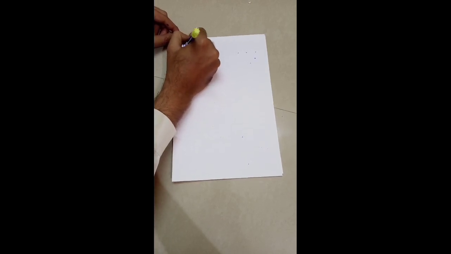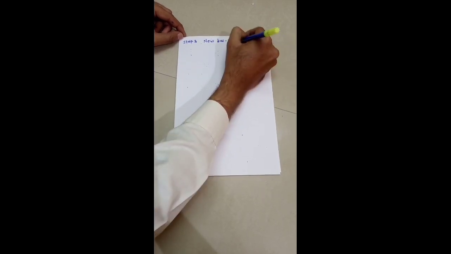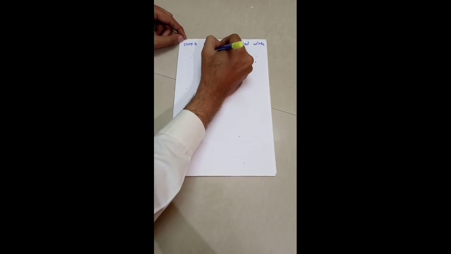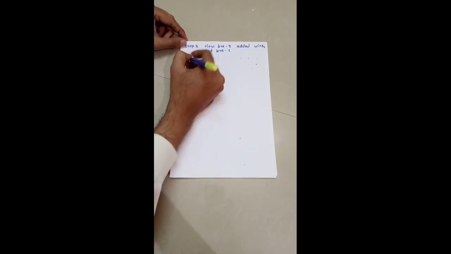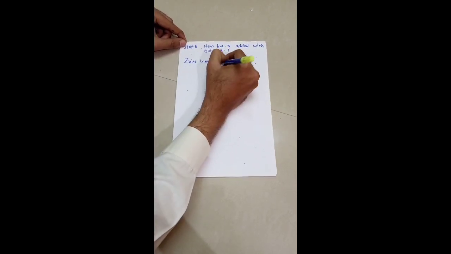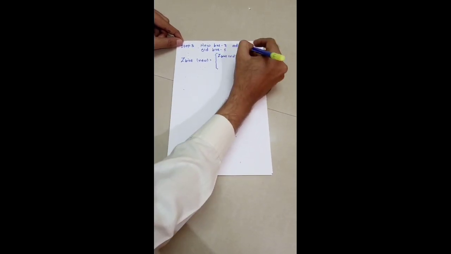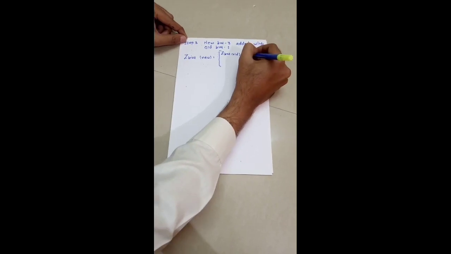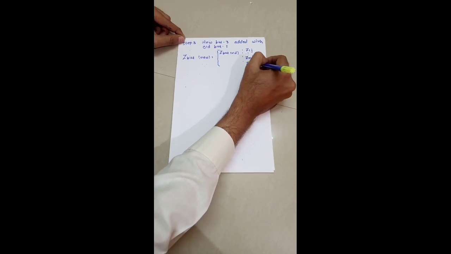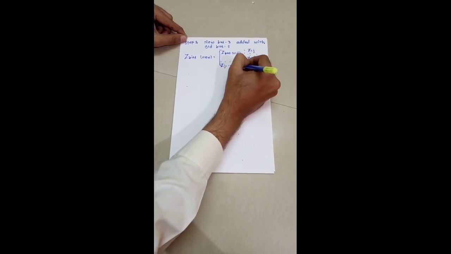Step 3, new bus 3 added with old bus 1. Now the Z bus new is equal to, in matrix form, Z bus old with the column Z1j up to Znj, and Zjj plus ZB, and similarly the row Zj1 up to Znj.